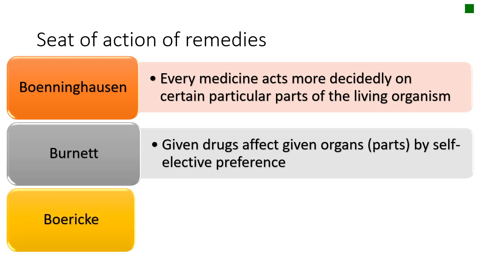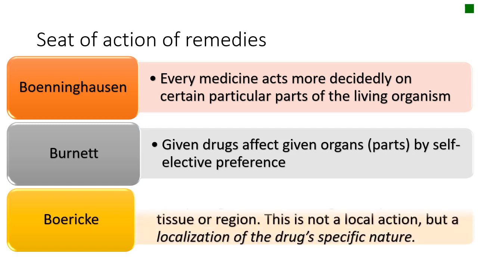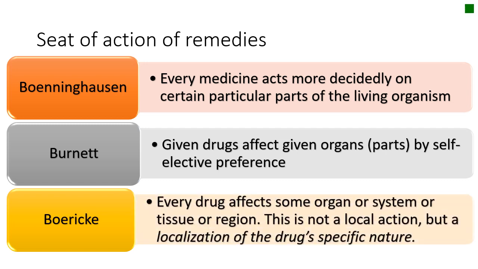Another master, William Boericke, has this to say. Every drug affects some organ or system of organs or tissue or region more decidedly than others. This is not a local action, but it's a localization of the drug's specific nature.